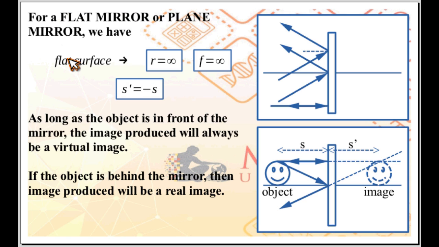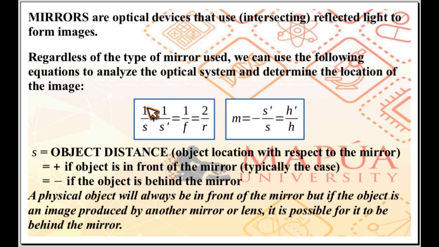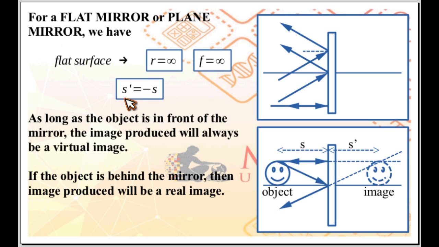Using our equation for image formation, 1 over S plus 1 over S prime is equal to 1 over F. If we set F to infinite, 1 over infinite is 0. 1 over S plus 1 over S prime is equal to 0, which gives you the following relationship: S prime is equal to negative S. The image is always on the opposite side of the mirror as the object.